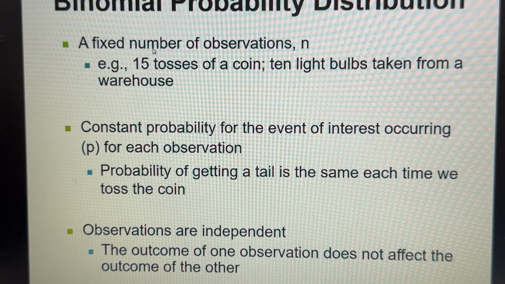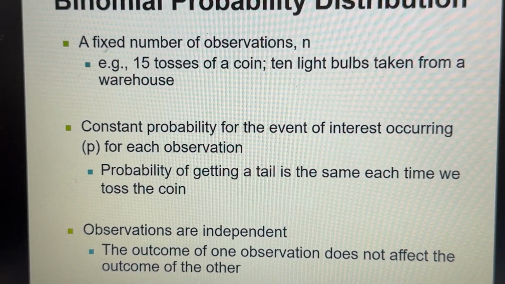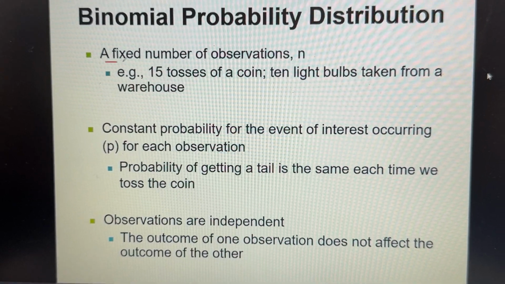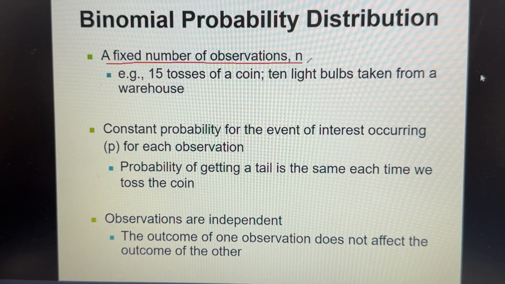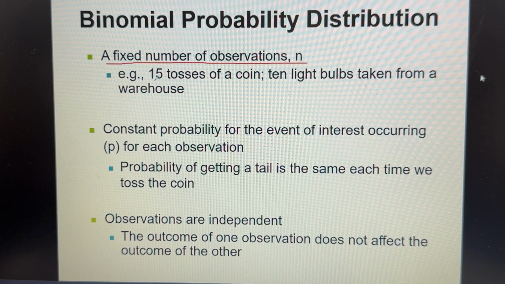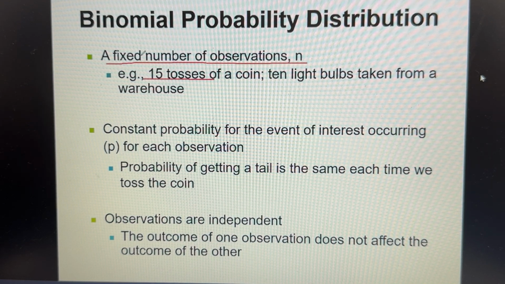For the binomial probability distribution, to calculate, you always assume there is a fixed number of observations, N. For example, when you toss a coin 15 times, it is a fixed number, or you make it 10.